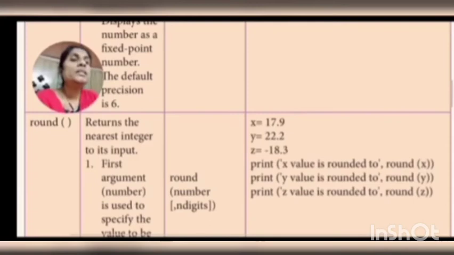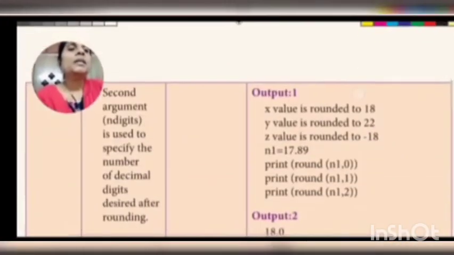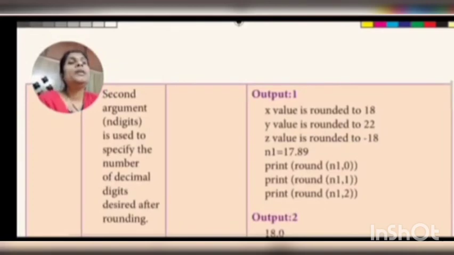The first time we send only 1 argument. So 17.9 is returned as 18, 22.2 is returned as 22 and minus 18.3 is returned as minus 18. But the second time we pass it with 2 arguments.